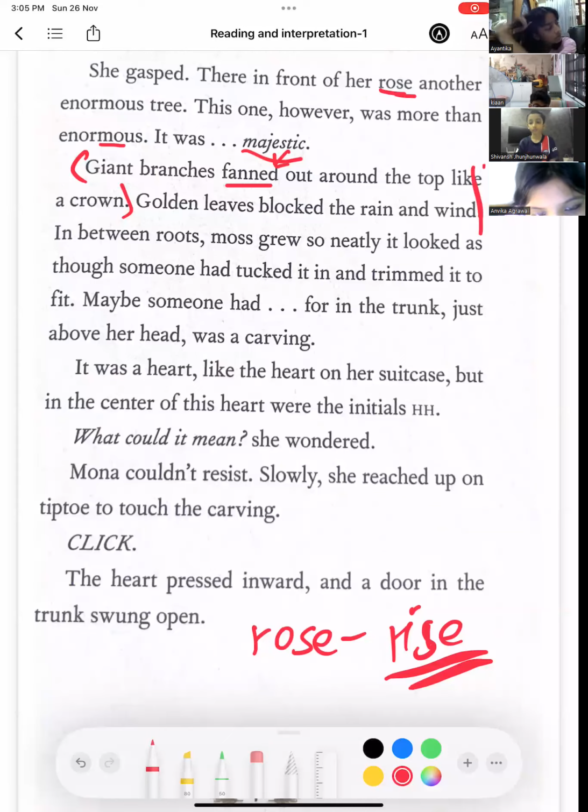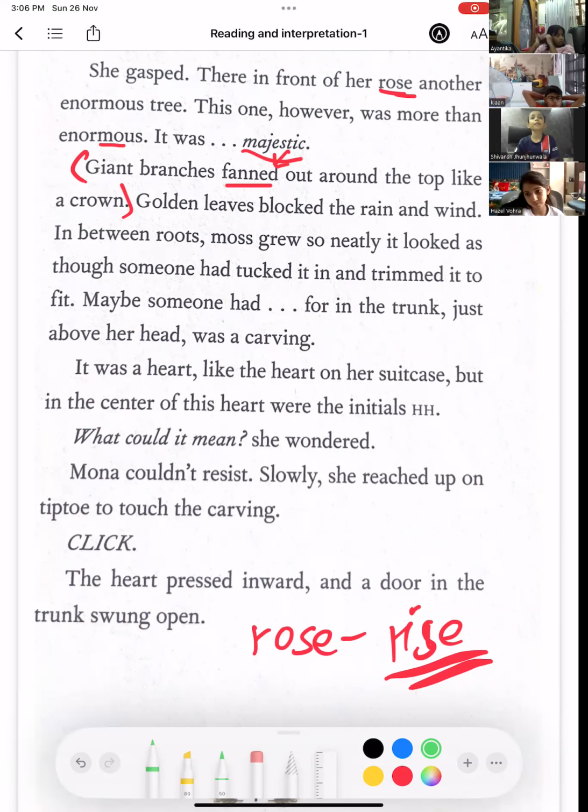If we look at it in a diagram, there's one root here, and the entire space you see here is filled with moss, and it is so neat that it looks like someone has actually cut it and placed it there, with no untidiness in the moss. Are you understanding what I'm trying to do, children? I'm trying to create that image in your mind. So these are all examples of imagery.